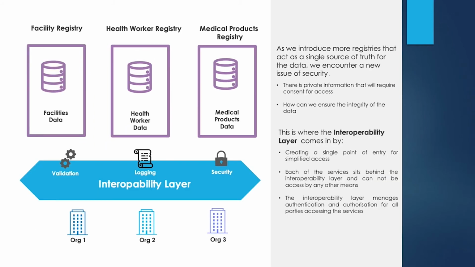This strategy of creating registries that act as a single source of truth for data is highly flexible and can greatly simplify and resolve many of the complexities of interoperability.